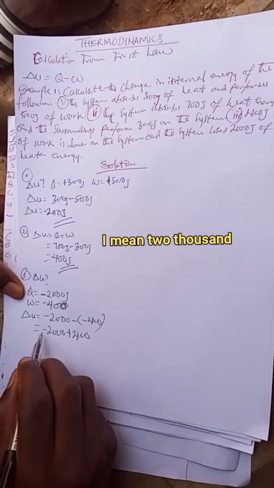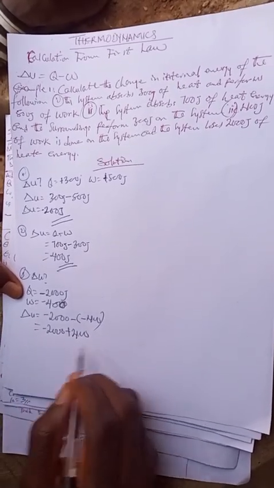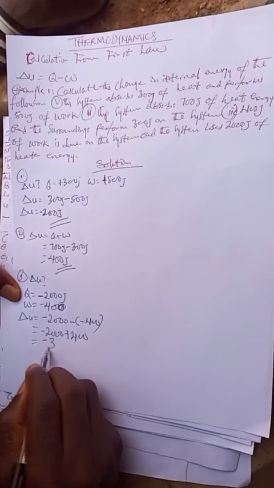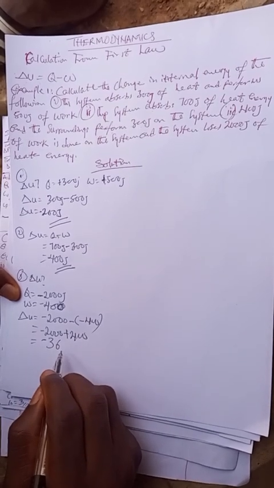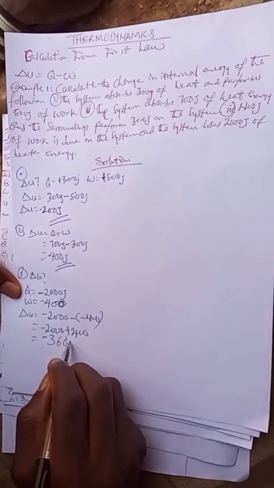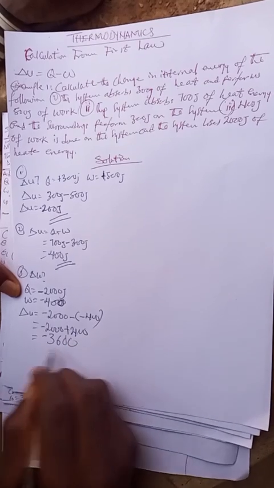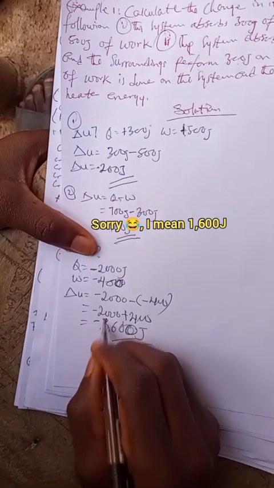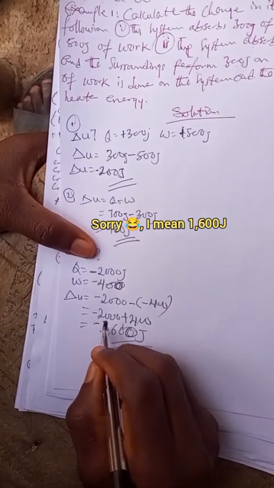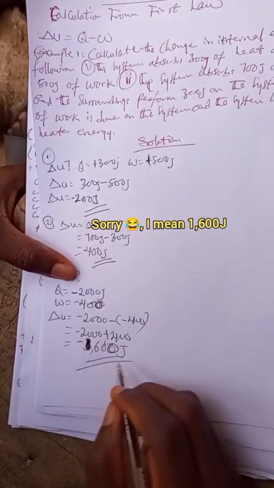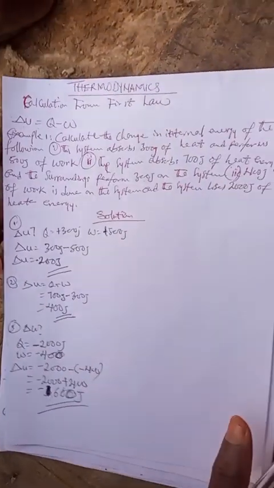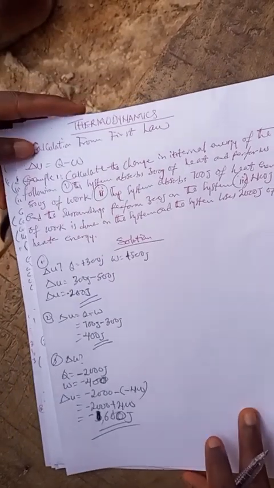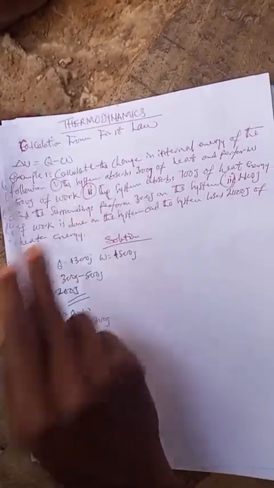That will be plus 200 joules. So this is how to calculate the internal energy using the first law of thermodynamics. And you can be asked to calculate any of these as well. Just make it the subject of the formula.